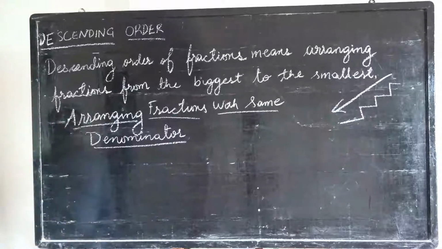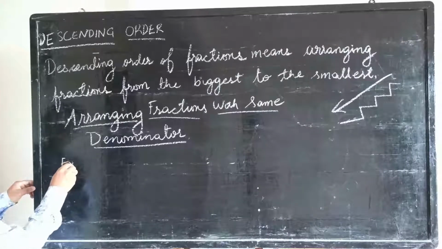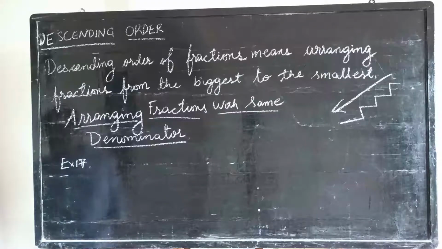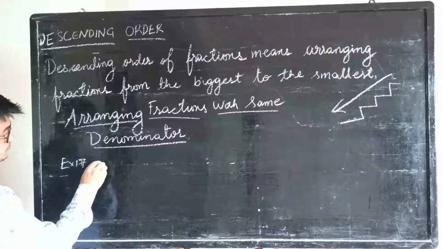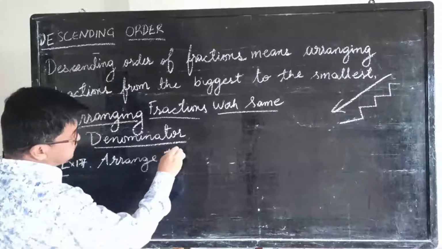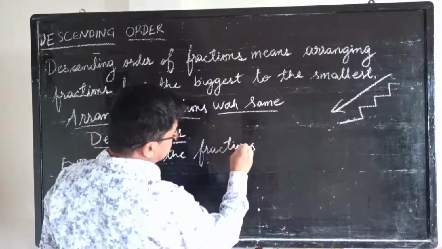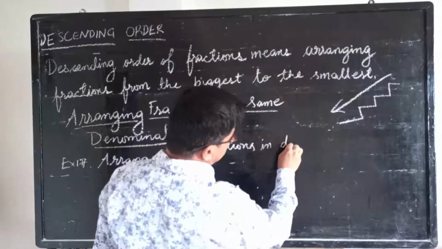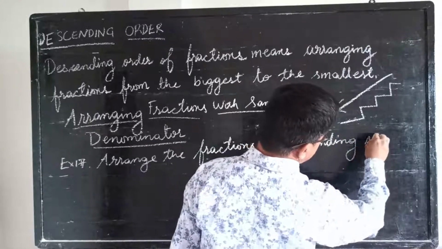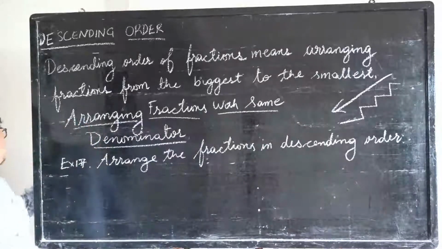Now look at page number 92, example 17. Example 17. Arrange the following fractions in descending order.